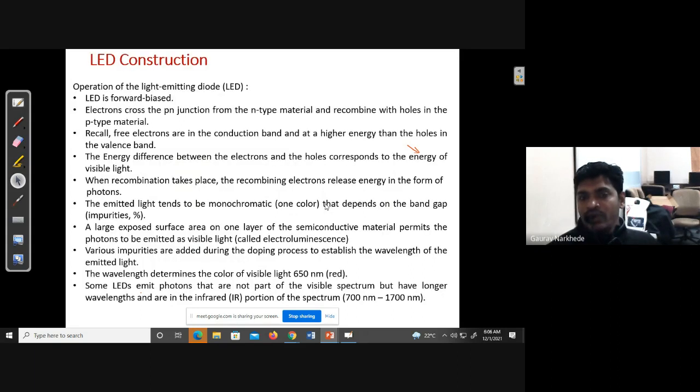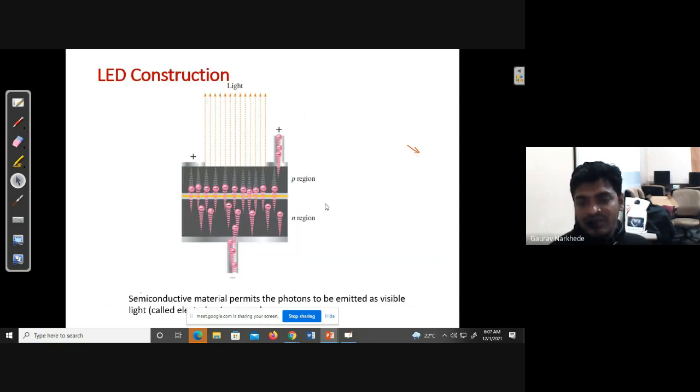In construction of the LED it is the same, only the material is different, right? LED will emit the light, which tends to be monochromatic, मतलब एक ही कलर का रहेगा.